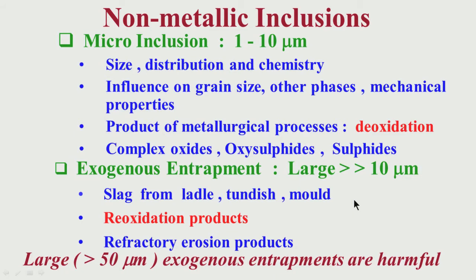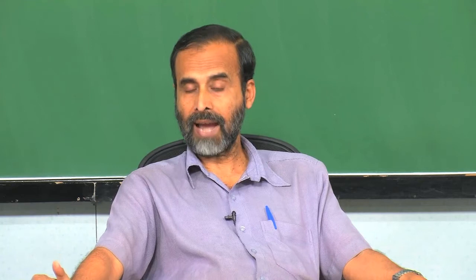These slags are basically different types of oxides, either calcium oxide or magnesium oxide, and to some extent manganese oxide and iron oxide. There can be sulfides, because when you remove sulfur, it goes to the slag, so there can be calcium sulfide. There can also be fluorides, as in mold slag and tundish slag. All these constituents might create problems if they get entrapped, and interestingly they are large in size, unlike micro inclusions.